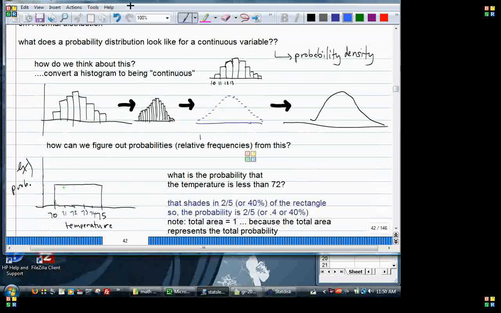Now again, remember, it's represented by a smooth line, not a bunch of rectangles. Now, what is the probability that the temperature is between 70 and 72 degrees?